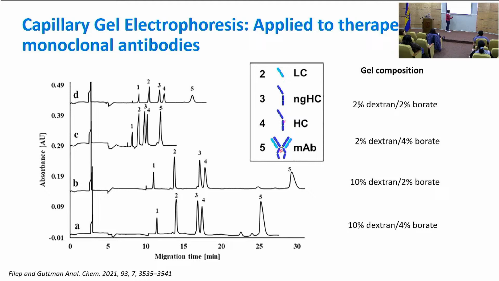And what is important to observe is that again the proportion of the gel is important. They have varied here the percentage of dextran versus borate, and so we can see here the impact of the gel composition on the separation of the different species.